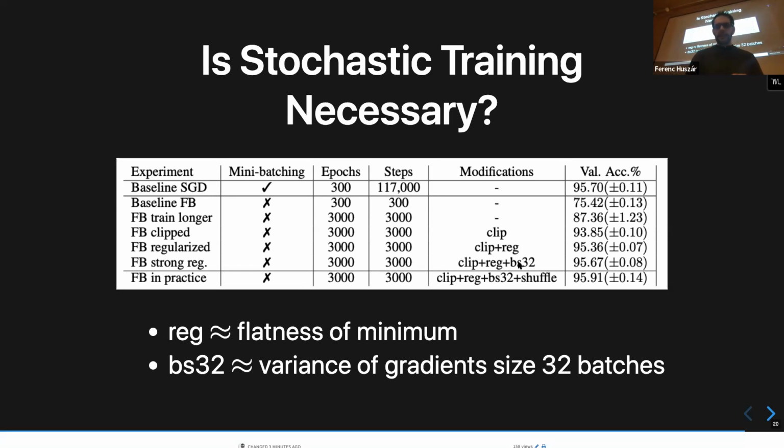And then the final thing they do is this BS32, batch size 32. Here, this is full batch, so there are no mini batches in the training, but in the loss function, they simulate the effect of what would happen if we used a batch size of 32, by estimating the variance of gradients, this term that appeared in the previous paper, by chopping up the data set into these mini batches of size 32.